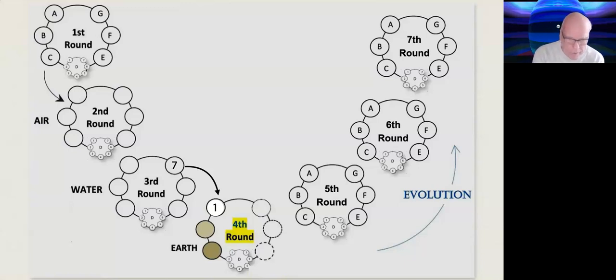Also the fact that we're on the fourth round, fourth globe, fourth chain on the fourth scheme accentuates that potency of the fourth ray, which is the time of choice, a time of great conflict, with the end result being harmony.